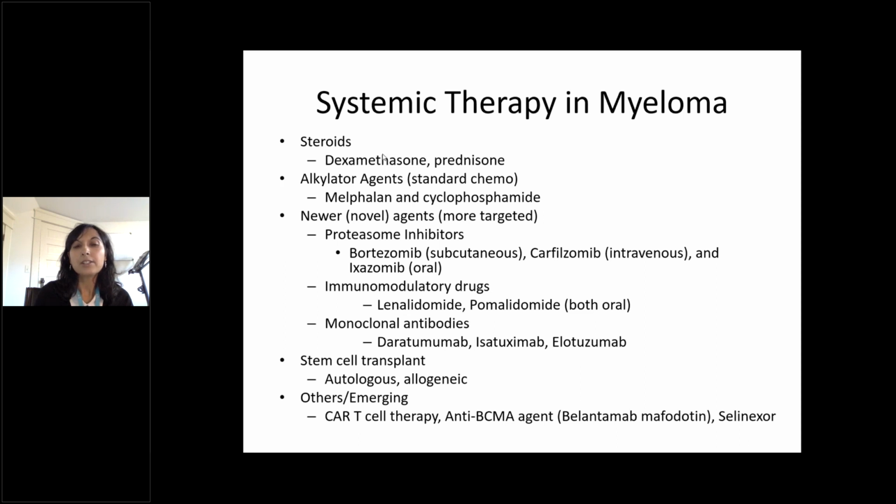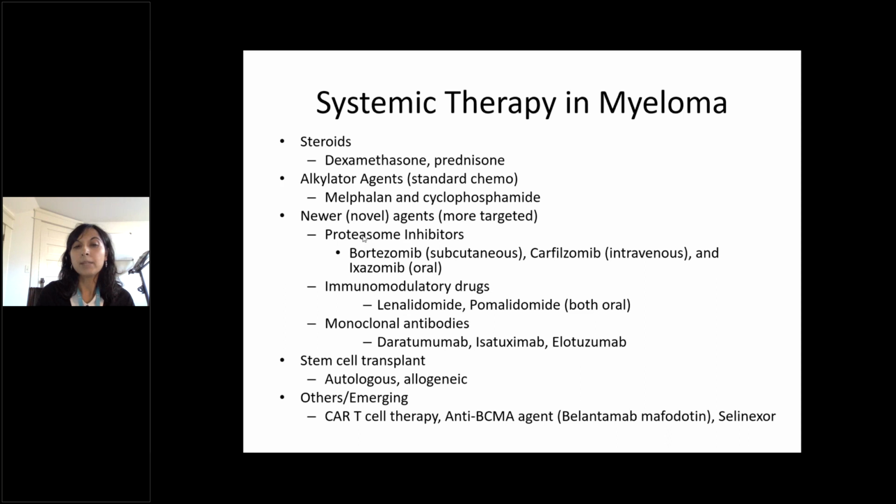Alkylator agents are standard chemo drugs, meaning that they tend to affect healthy cells as well as cancer cells. But we do tend to still use cyclophosphamide in particular in combination with other newer drugs. So now, in the last probably 15 years at least, we've been using these newer, more targeted agents.